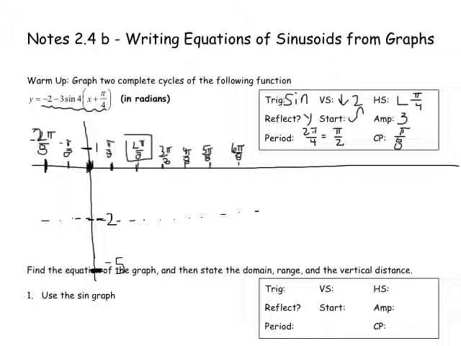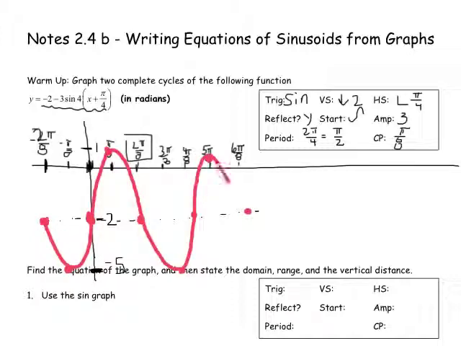So sine starts in the middle, and then it's going to go from the middle. The reflection will cause it to go down, middle, top, middle, down, middle, top, middle. And that's it.